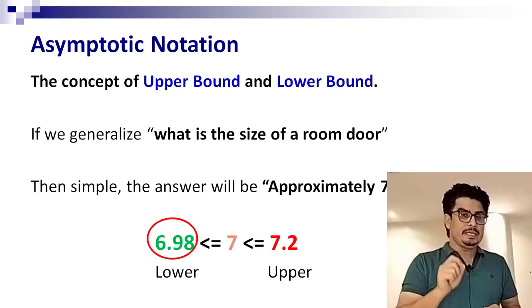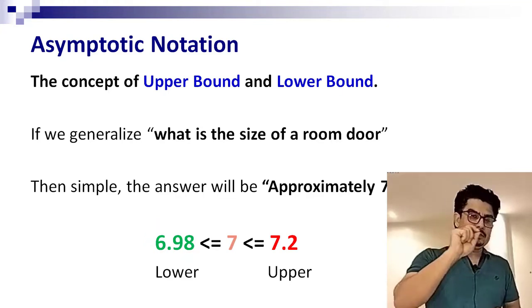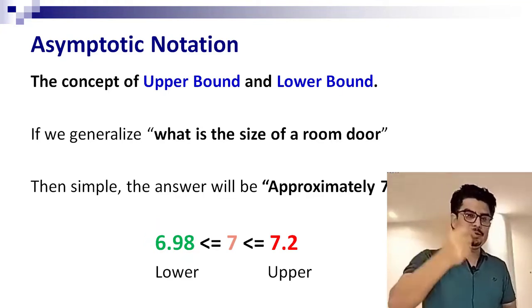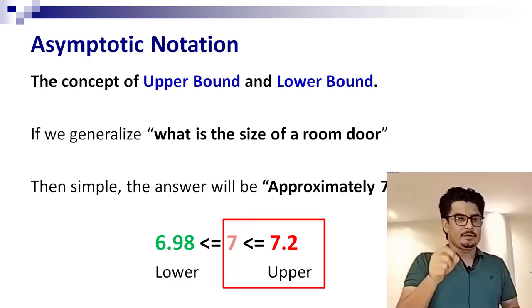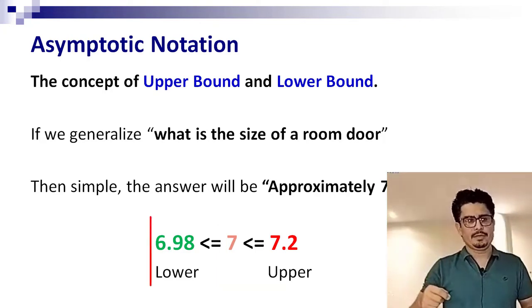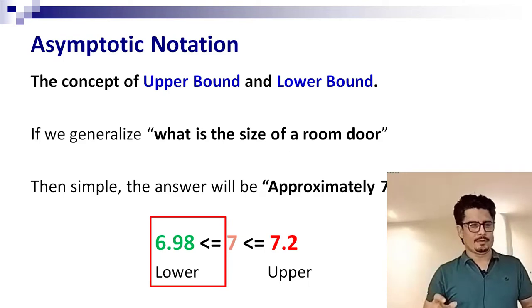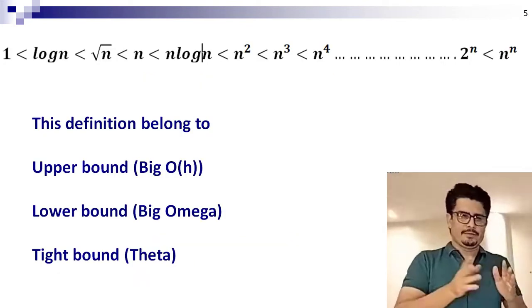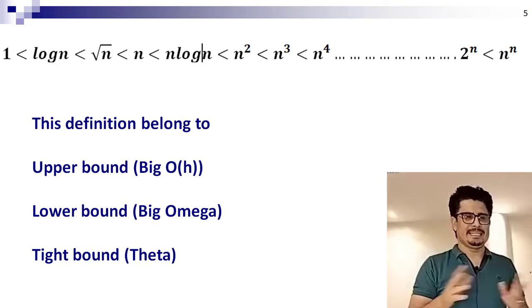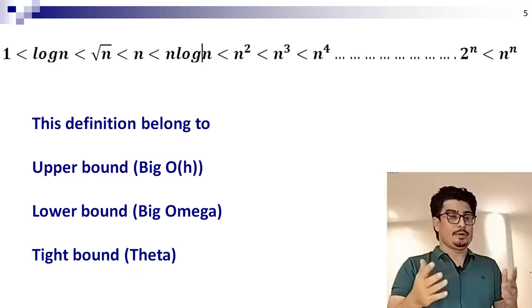So 7.2 or 7.3 is the upper bound of the existing approximate, and 6.96 is the lower bound. These two are the upper bound and lower bound of the 7. This is a general example about the upper bound and lower bound.